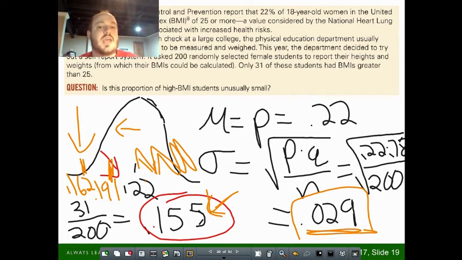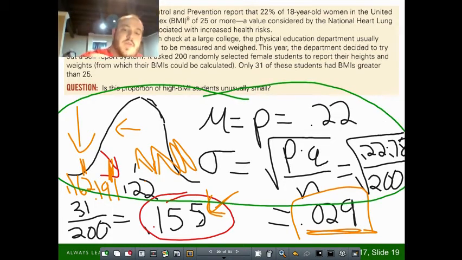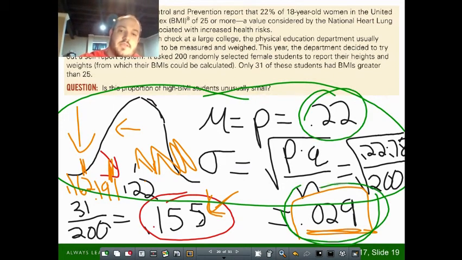All right. So again, how did we use sampling distributions in this case? We used sampling distributions by finding a normal curve with a standard deviation and mean. So we had our mean, we had our standard deviation.